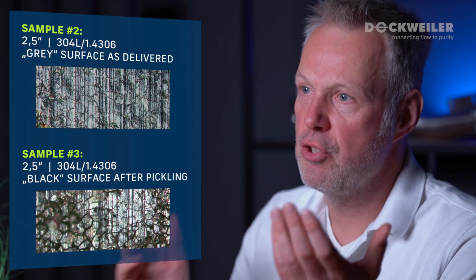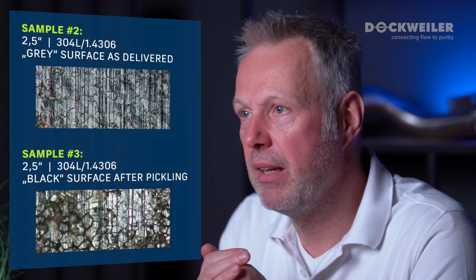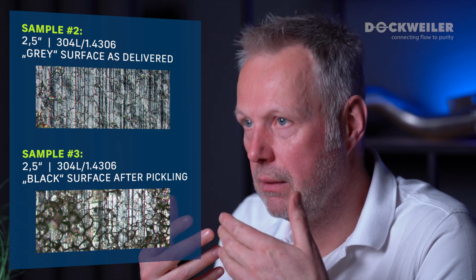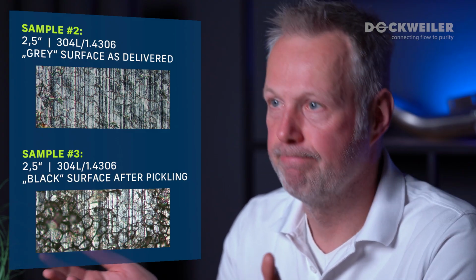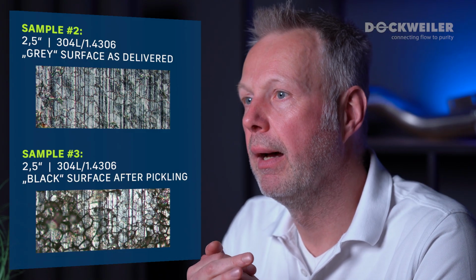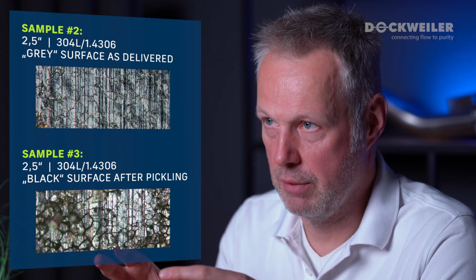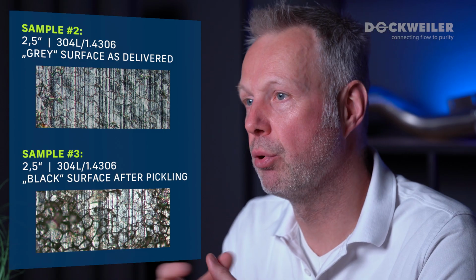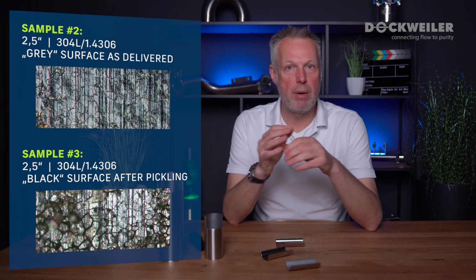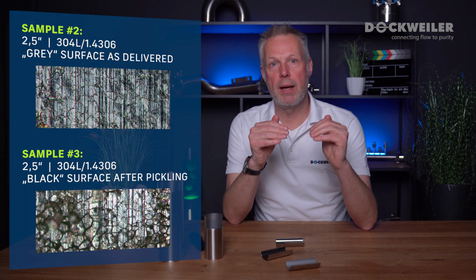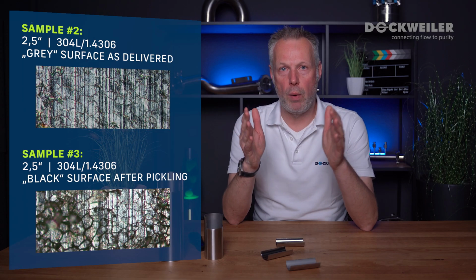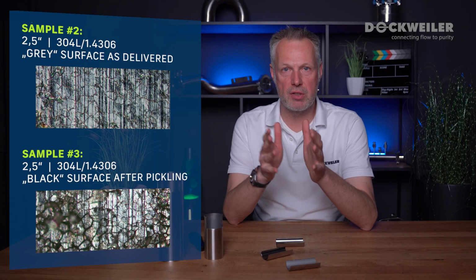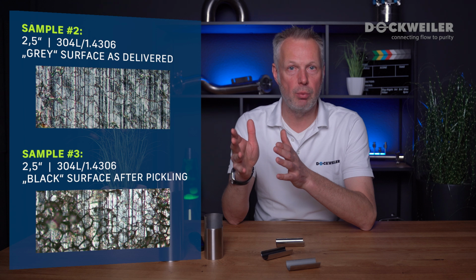So carburization in general is something where carbon, and where it comes from we will probably find out, is diffusing during the annealing process into the grain boundary areas. So where basically one crystal of austenitic stainless steel is attaching to another one.